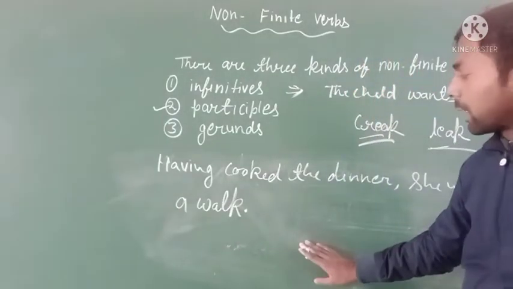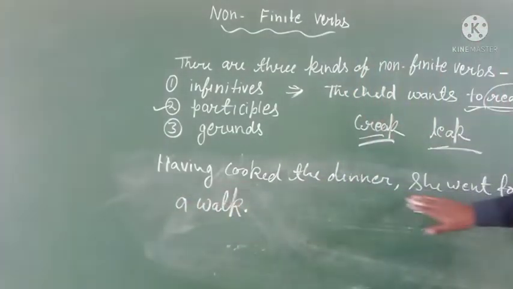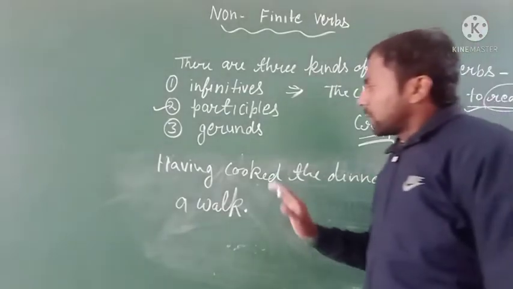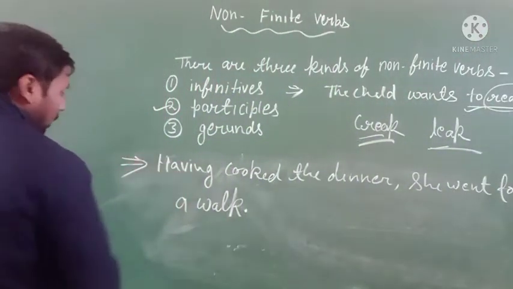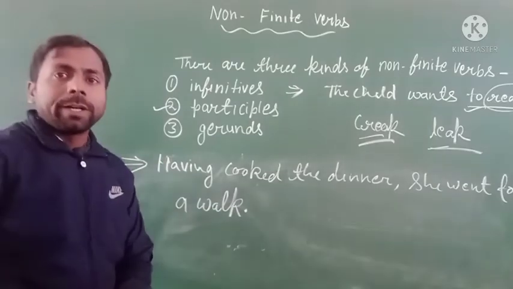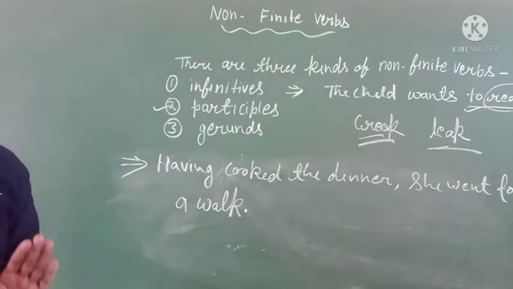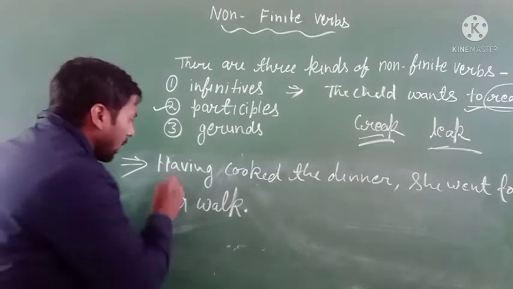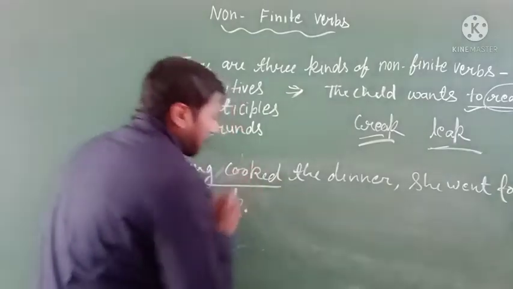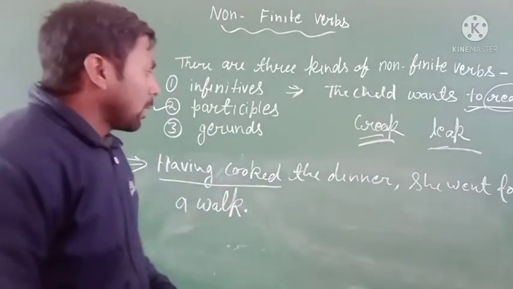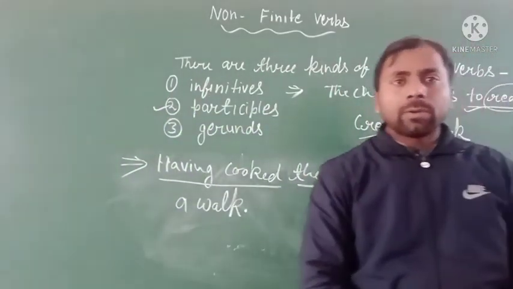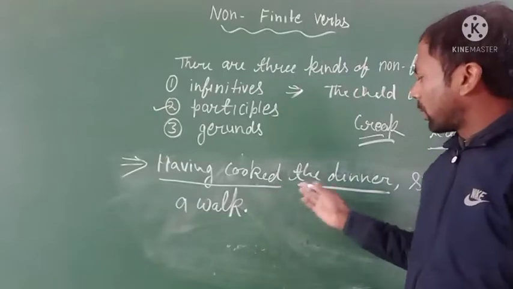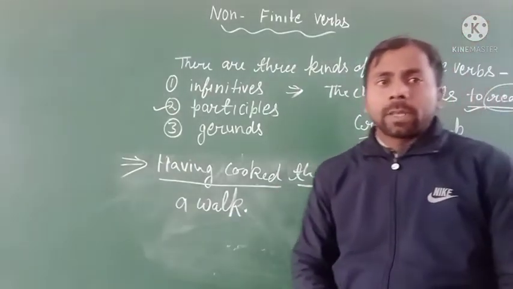In this sentence, some words are given, so first read it very carefully. In this sentence, you can see having cooked, and after having cooked, you can see the dinner.